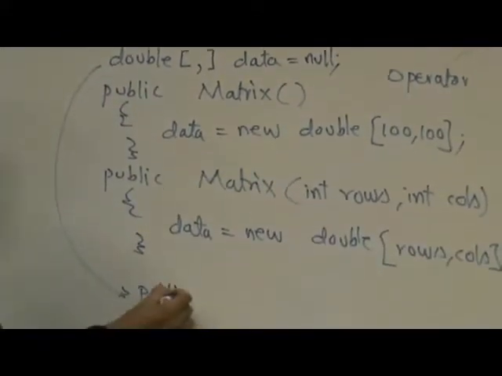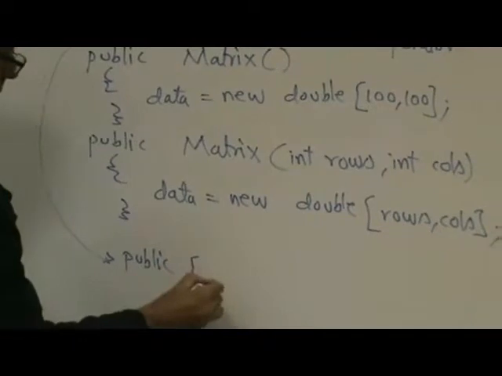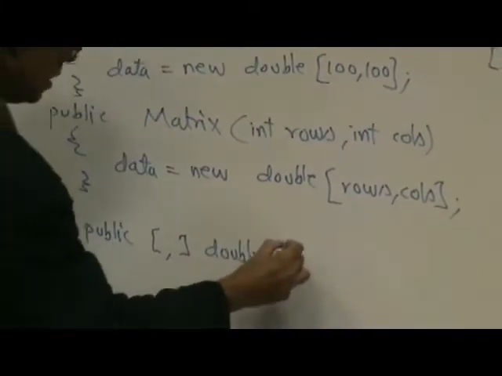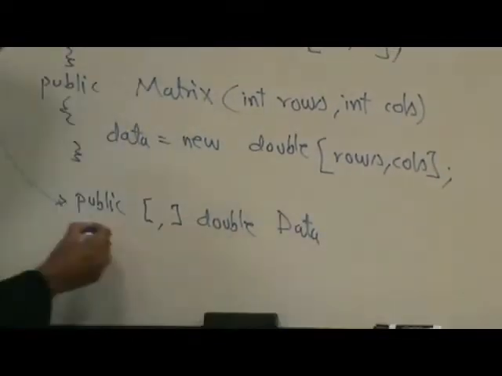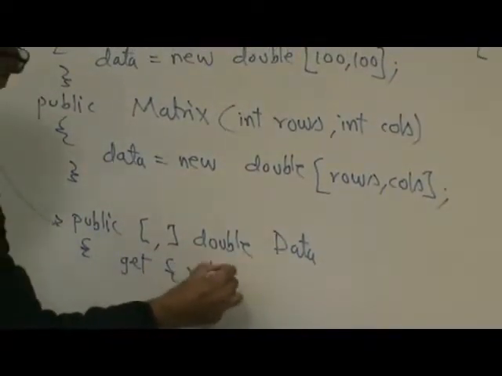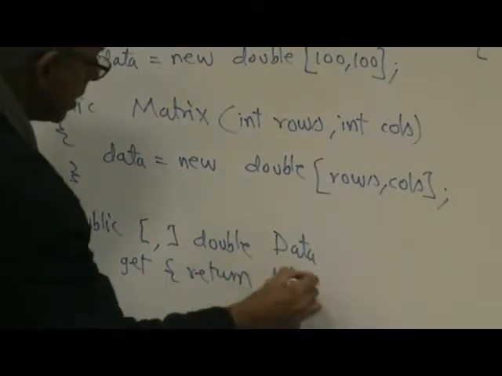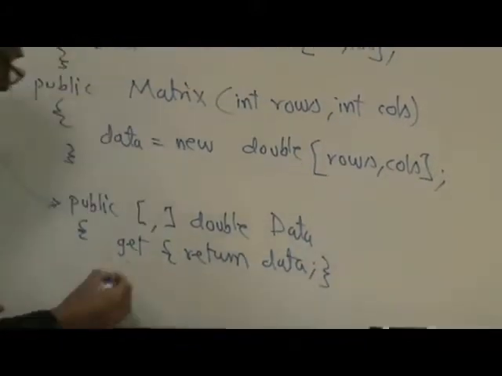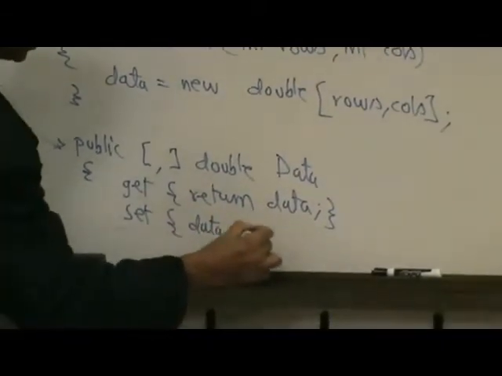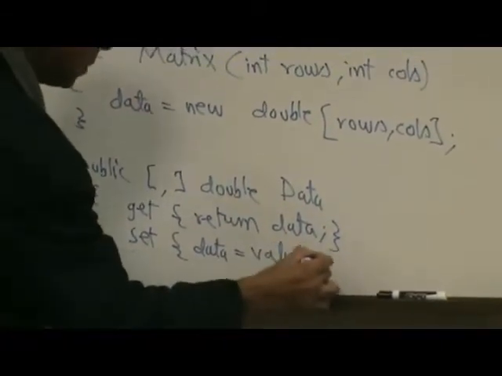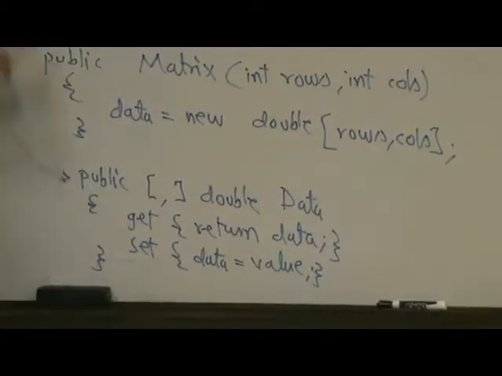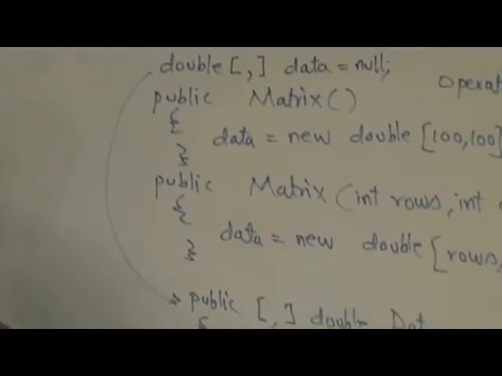So we did public double data, and we said get return data, and we said set data equal to value. So let's pretend we also have the corresponding public property for our matrix, right?